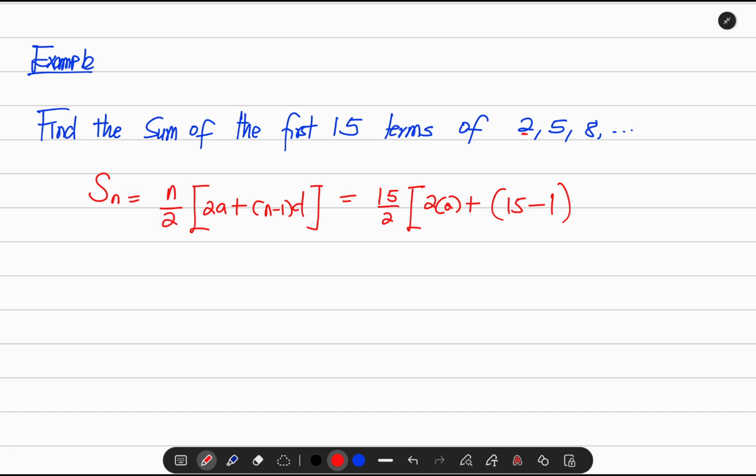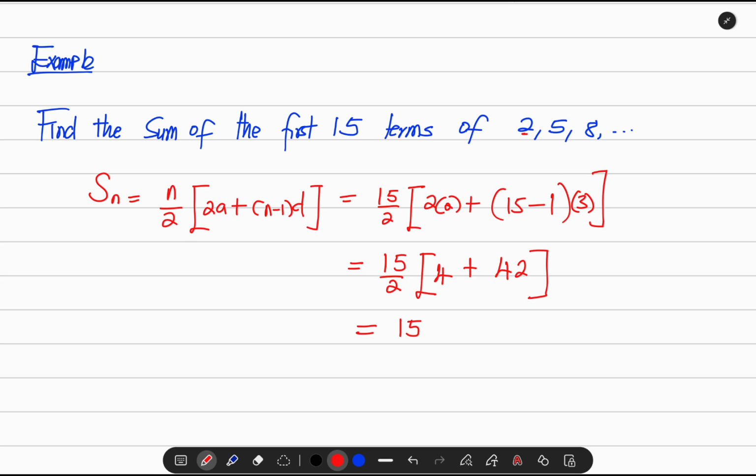Then d is 5 minus 2, which is 3. That's our common difference. Then I keep my 15 over 2, and here I get 4 plus 14 multiplied by 3, which is 42.